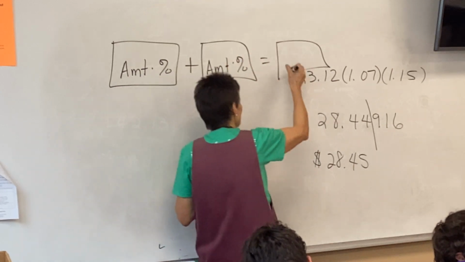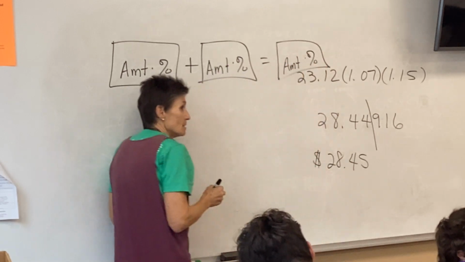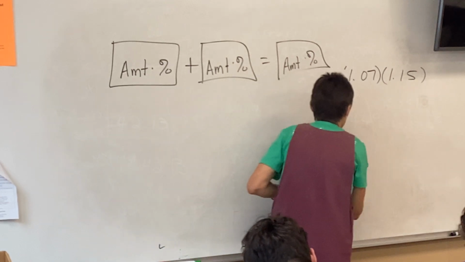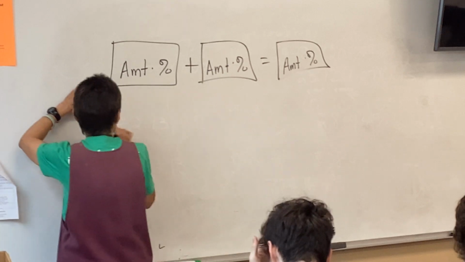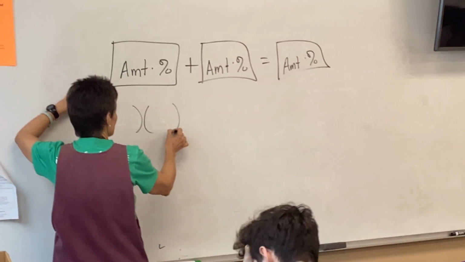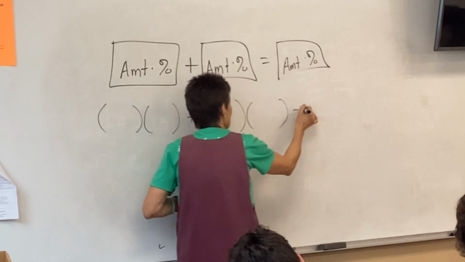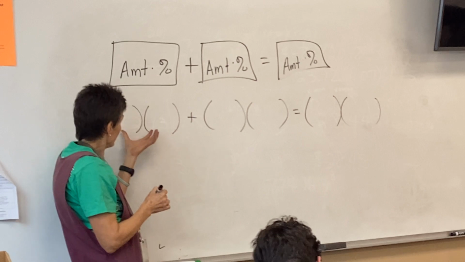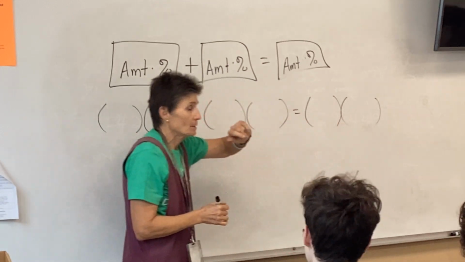And then I end up with a new amount and a new percent. That's the way I structure my equation. So it's real easy. I have an amount and a percent plus an amount and a percent equal to an amount and a percent. So amount, percent, amount, percent, amount, percent.